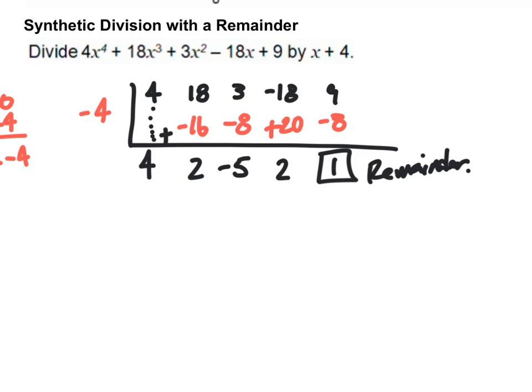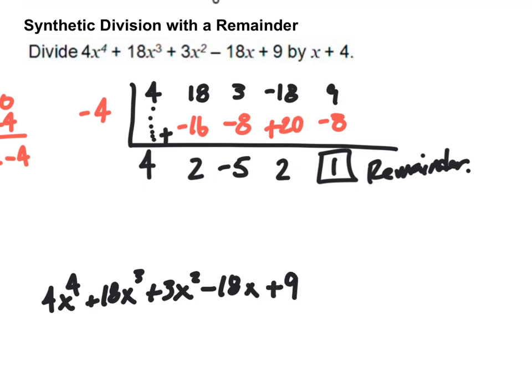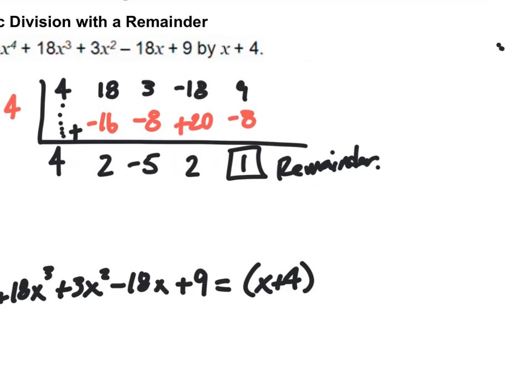So I'm going to write out that 4x to the 4th plus 18x cubed plus 3x squared minus 18x plus 9 is equal to x plus 4 times my quotient. And my quotient is 4x cubed plus 2x squared minus 5x plus 2.